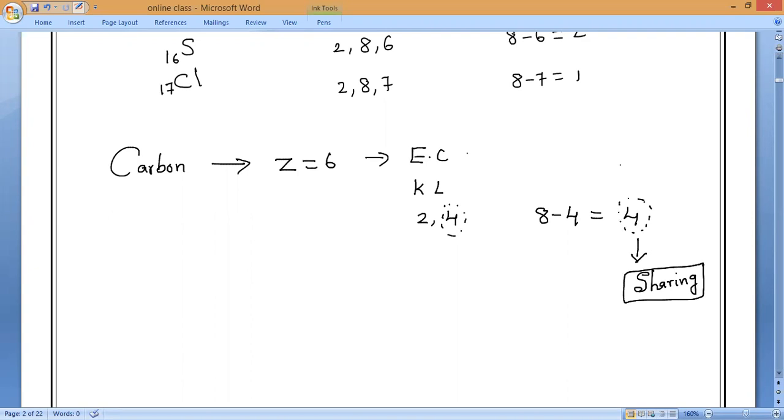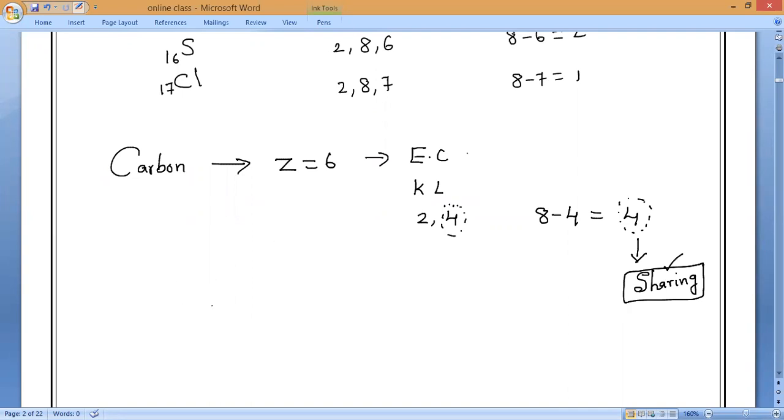Remember, if any element has 4 electrons in its valence shell, then it will undergo neither donation nor accepting. It will undergo sharing of electrons.